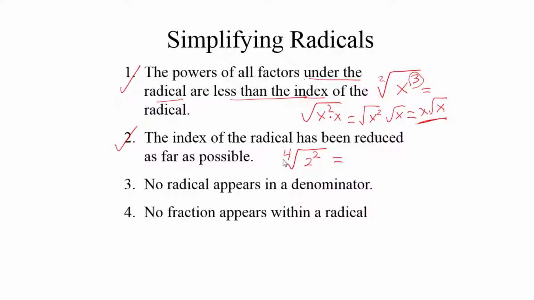The index has not been reduced as far as possible because this actually can be reduced further. This is the fourth root of 2 to the second, or is 2 to the second to the 1/4, right? So it's equal to 2 to the 2 times 1/4, what is that? It is 1/2. So this has to be actually the square root of 2. Now the index is reduced as far as possible.